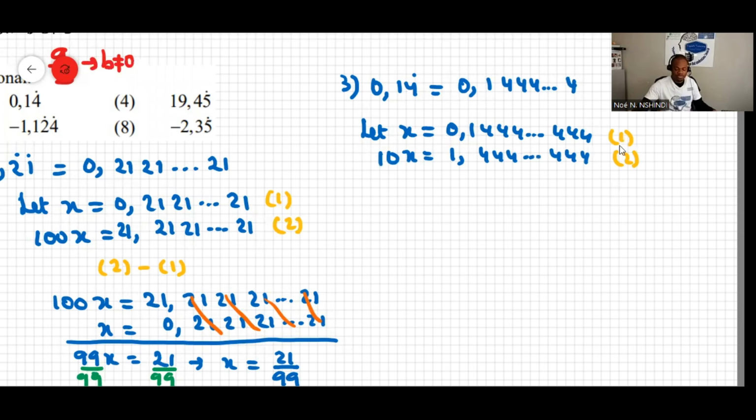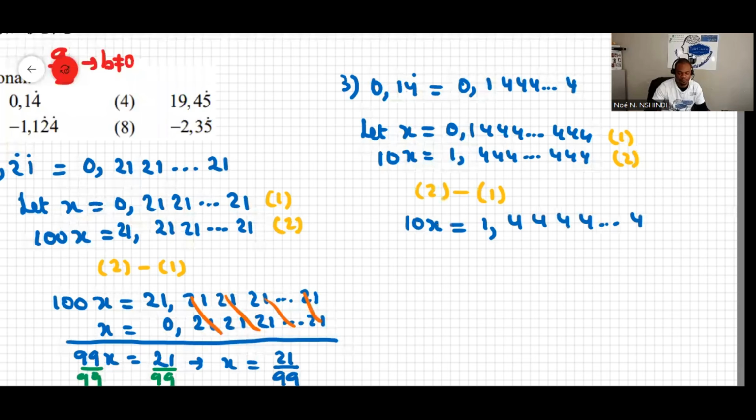If I do equation 2 minus equation 1, we have 10x equal to 1, 4, 4, 4 dot dot dot 4, 4, 4, and x equal to 0, 1, 4, 4, 4 dot dot dot 4, 4, 4.